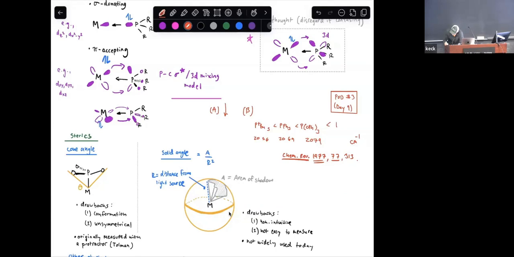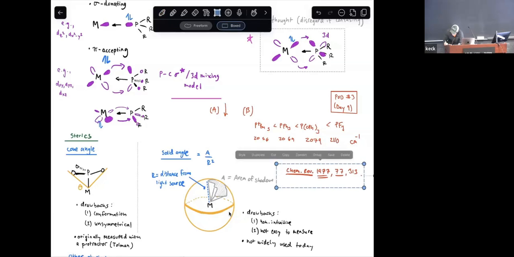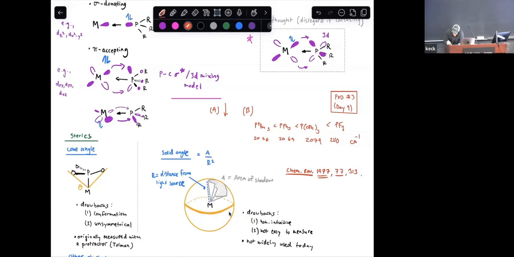If we consider trifluorophosphine, that's even more extreme, as a direct consequence of what we just discussed. Trifluorophosphine is such a strong back bonder that its CO stretching frequency becomes similar to that of free CO itself.